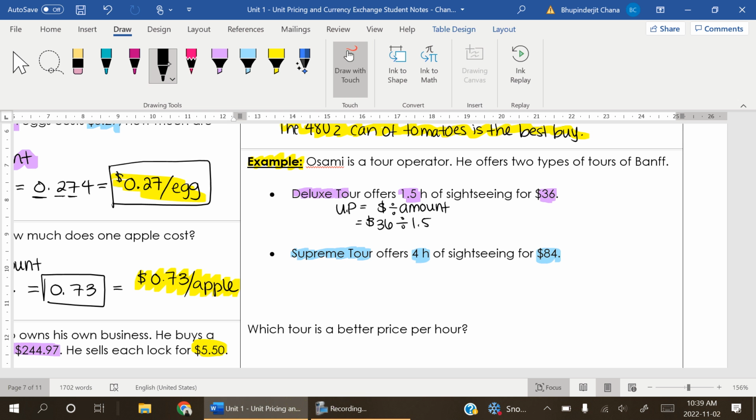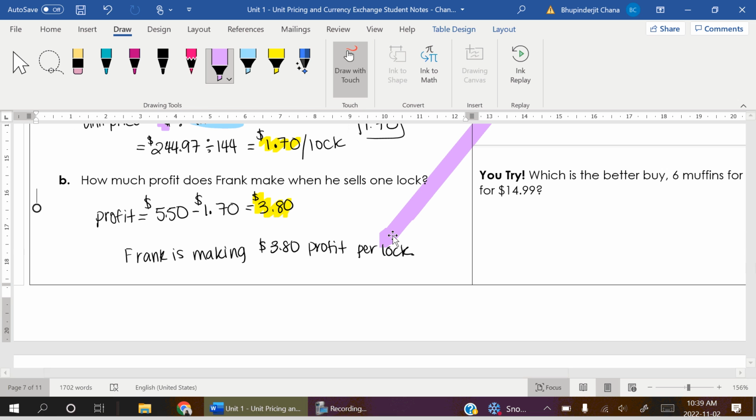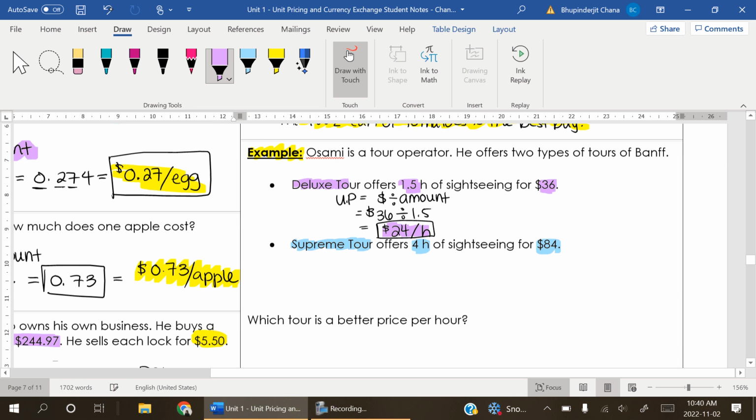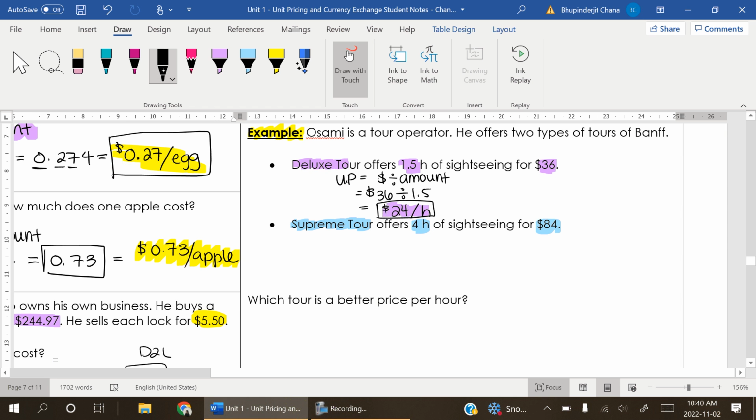Let's take out our calculators. 36 divided by 1.5. I get $24 per hour. Okay, so there is my deluxe tour price per hour.